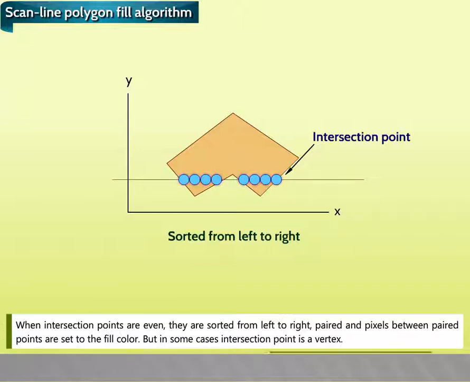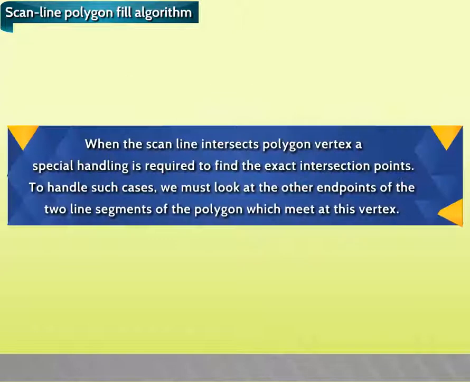but in some cases the intersection point is a vertex. When the scanline intersects a polygon vertex, special handling is required to find the exact intersection points.